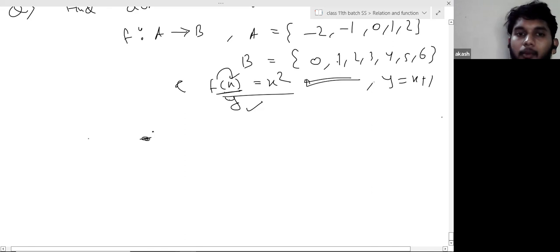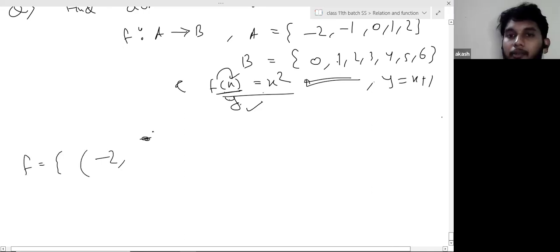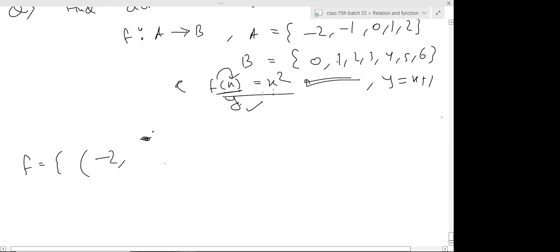See, you write down all the ordered pairs. What is -2, comma? The condition is y equals x square. If you put x equals -2, then -2 square is 4. So -2, 4.